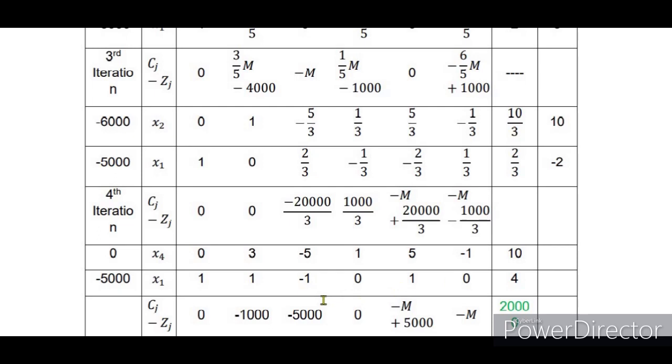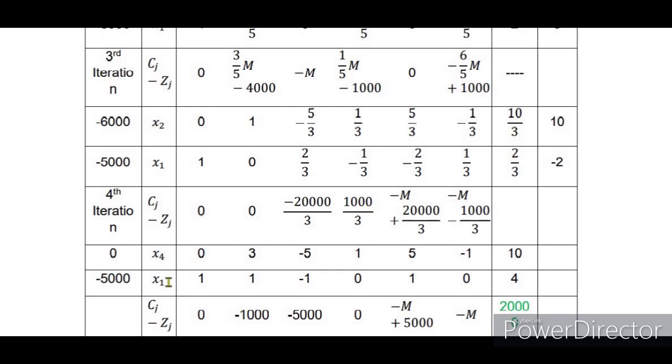Now we have to make an identity matrix between x sub 4 and x sub 1 because they are the ones written here in the x sub b column.